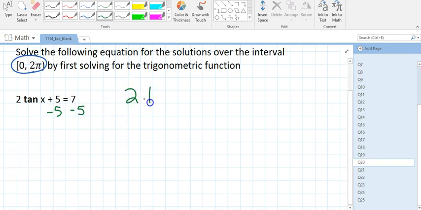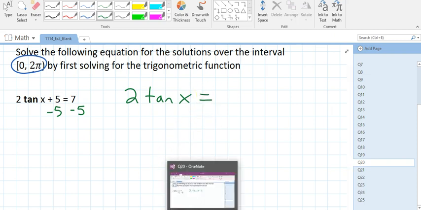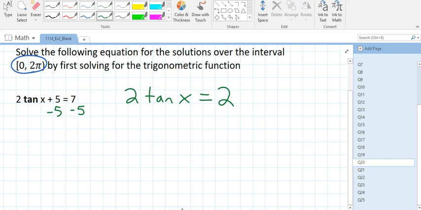Let's isolate our trig function. Treat tangent as if it's one large x and isolate it. So 7 minus 5 is 2. What are we going to do now? Don't subtract 2. Divide by 2. Yeah. Divide by 2, divide by 2. So tangent x is equal to what? 1.